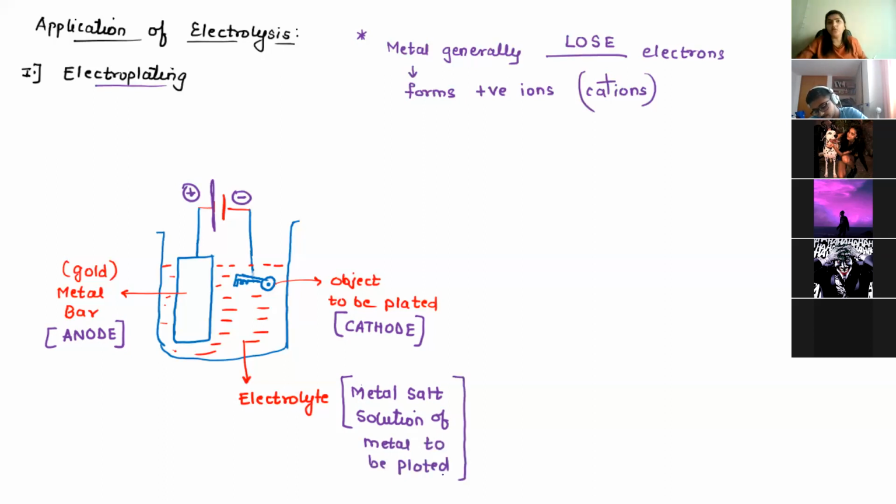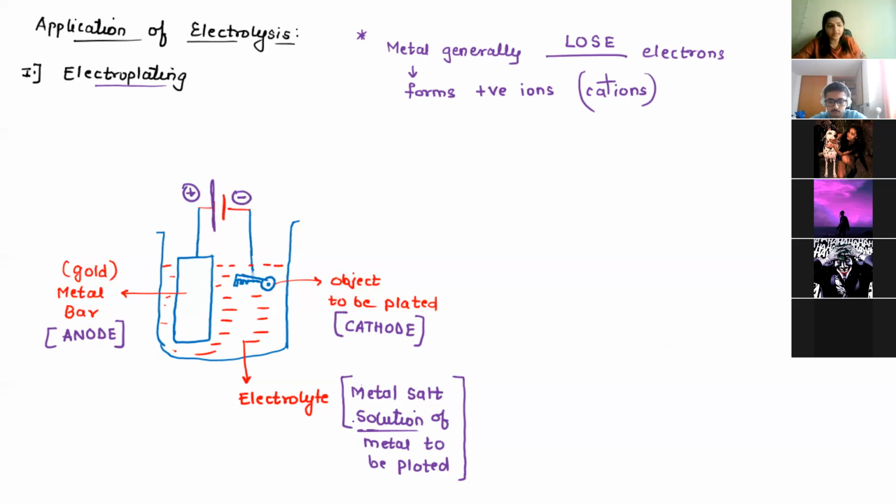If you are plating gold, you cannot use a solution of copper. You have to use a solution of gold only. If you are plating your object with copper, you cannot use some random electrolyte of nickel. No, you have to use copper only. And important, it is a solution. It cannot be a precipitate. You cannot use any insoluble salt. Okay, it has to be a solution.